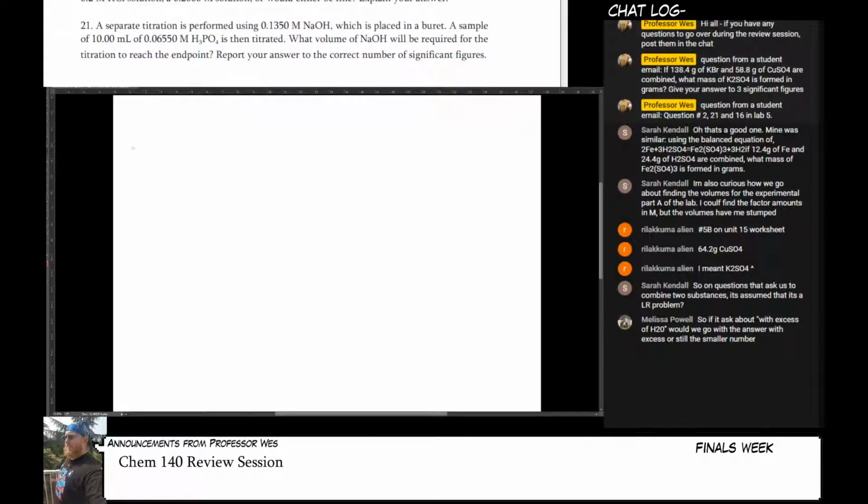I'm going to use NaOH, and for our phosphoric acid, we'll use this. And then its volume, we'll do 25 milliliters.